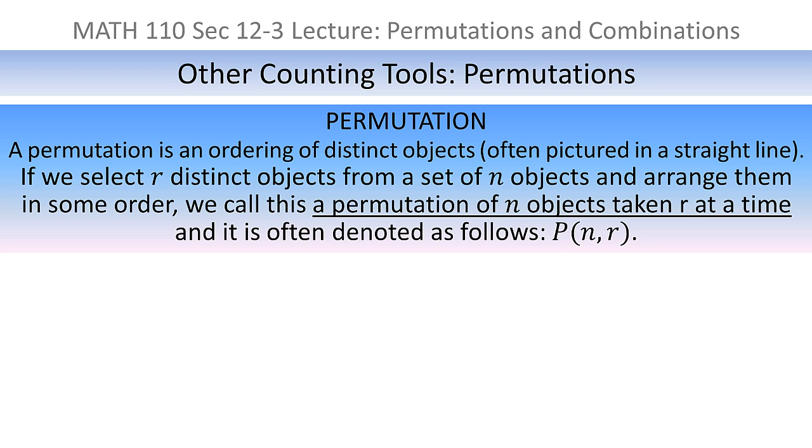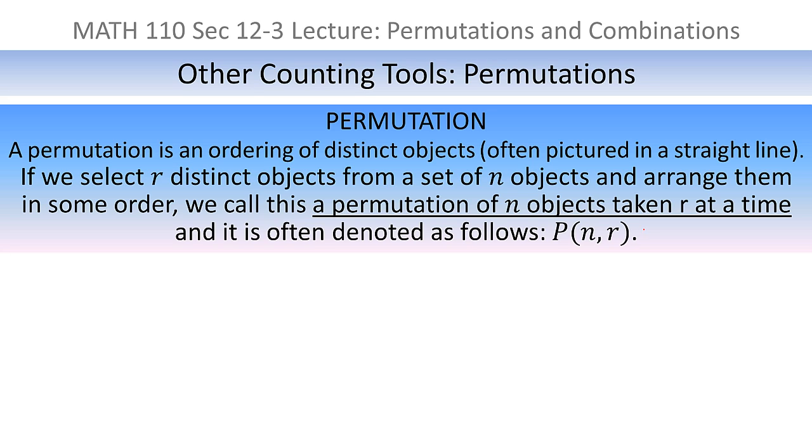A permutation is defined to be an ordering of distinct objects, and again, you often picture them as being in a straight line. It's just easy to think about them that way. If we select r distinct objects from that set of n objects, which is what we were doing with the bicycle built for 2 problem, and arrange them in some order, we call that a permutation of n objects taken r at a time.